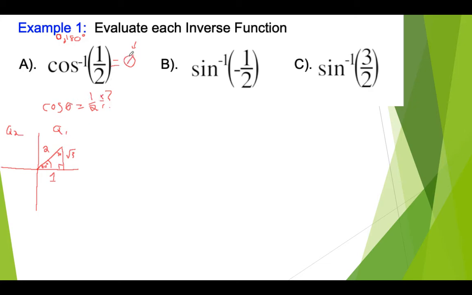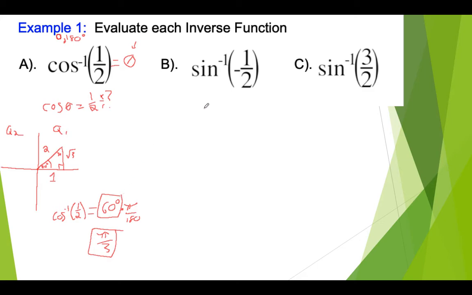So our angle would be 60. So cosine inverse of 1/2 equals 60 degrees. Now again, in the book, the answers might show out in radians, so you can convert easy by multiplying by pi over 180, and that would be pi over 3. So either of those answers would be acceptable.